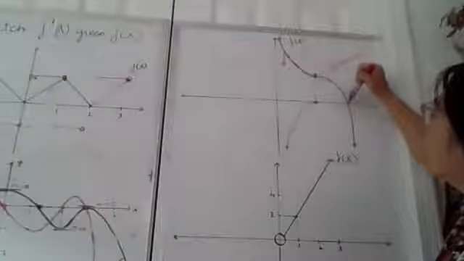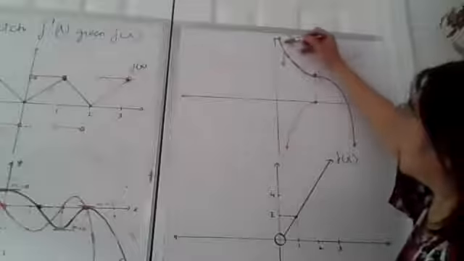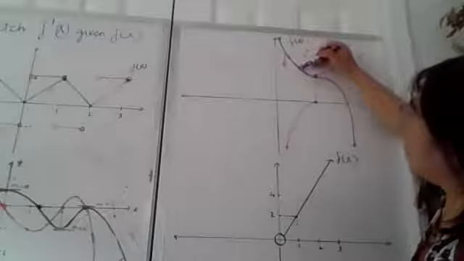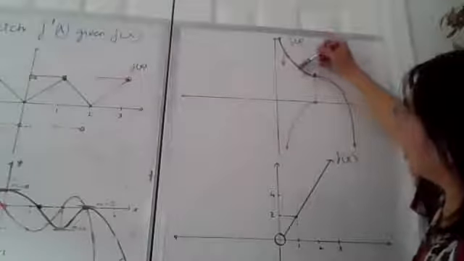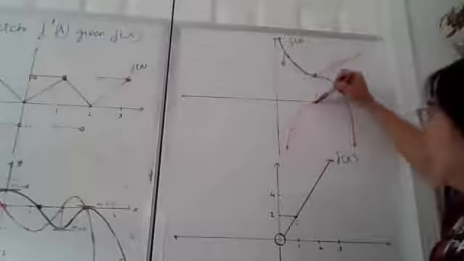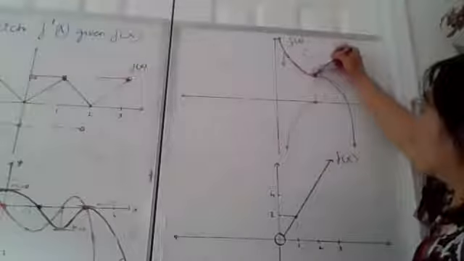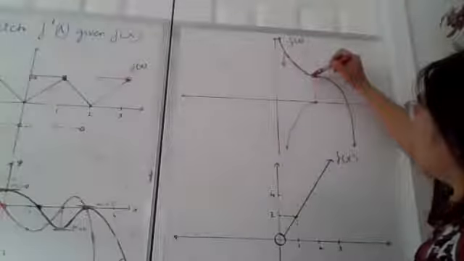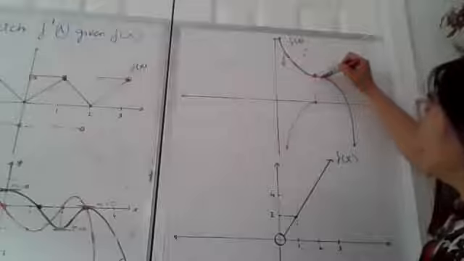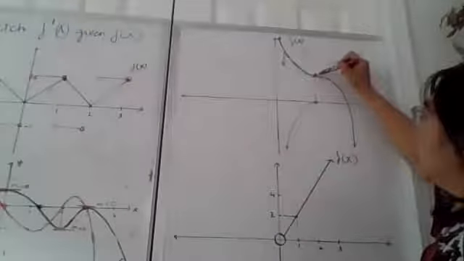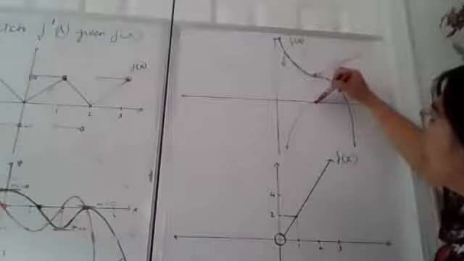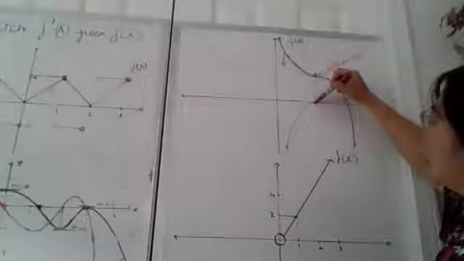We still have a negative slope. You see that this function is decreasing, so it has a negative slope, and that's why our derivative is in the negative quadrant. Then at this point, the function has a horizontal tangent line, and the slope equals 0. So our derivative touches the point 0.